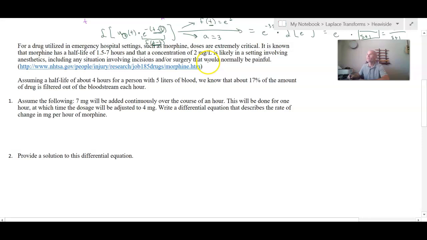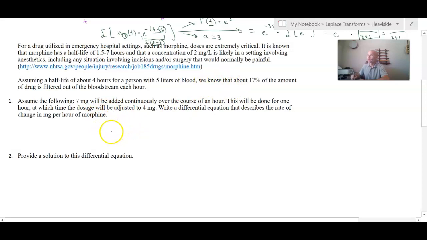Assuming a half-life of about 4 hours for a person with 5 liters of blood, we know that about 17% of the amount of drug is filtered out of the bloodstream each hour. Assume the following. 7 milligrams will be added continuously over the course of an hour. This will be done for 1 hour, at which time the dosage will be adjusted to 4 milligrams. Write a differential equation that describes the rate of change in milligrams per hour of morphine.